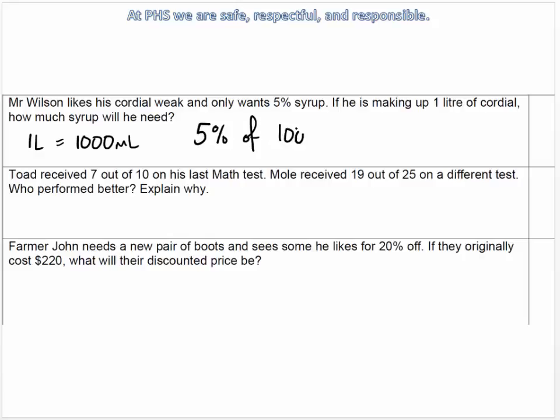of 1,000. All right, now you guys would be able to tell me that a percentage is a fraction out of 100. Okay, and you would also hopefully be able to tell me that of is times. If I said what's 5 lots of 6, hopefully you would do 5 times 6. Okay, so why I'm talking about that is, well, we can translate this into a problem for our calculator.